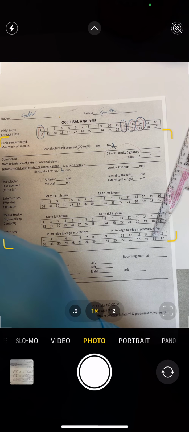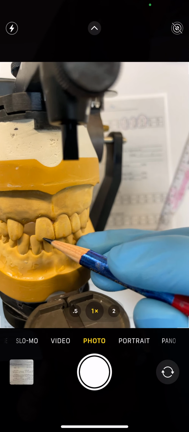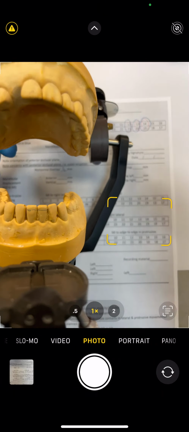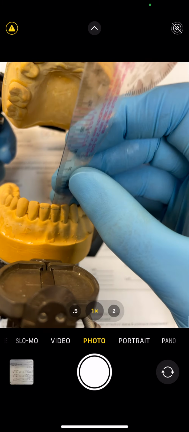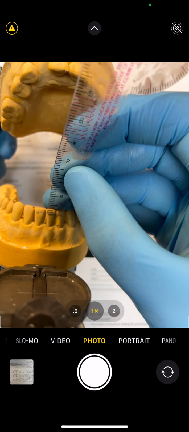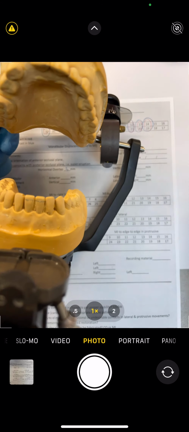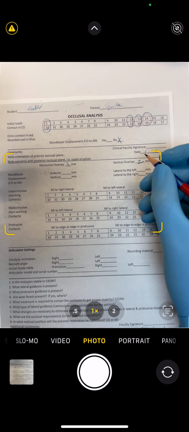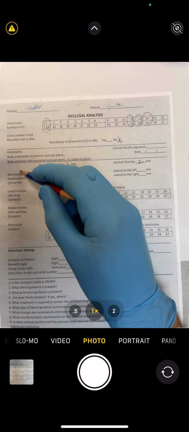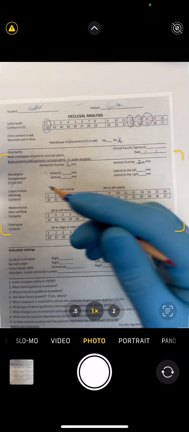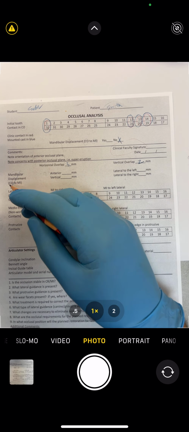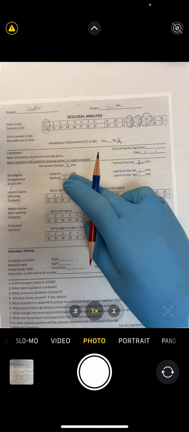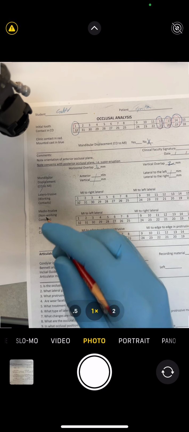To measure the vertical overlap, I mark the incisors, and this will show me the vertical overlap of anterior teeth. 2 millimeter, which is a decent overlap. Is there any displacement? No, because centric relation and maximum intercuspation is the same position, so we skip any shift. Now we're going to check the contacts in dynamic movement.